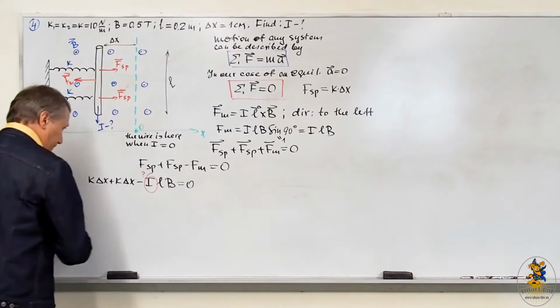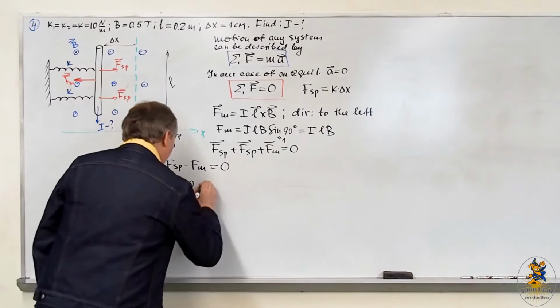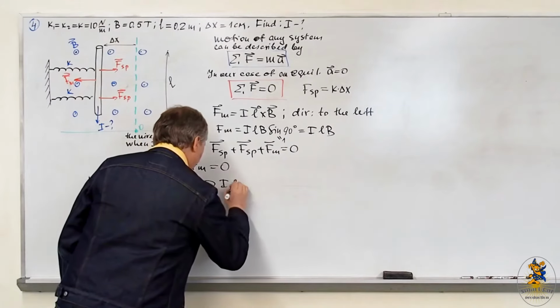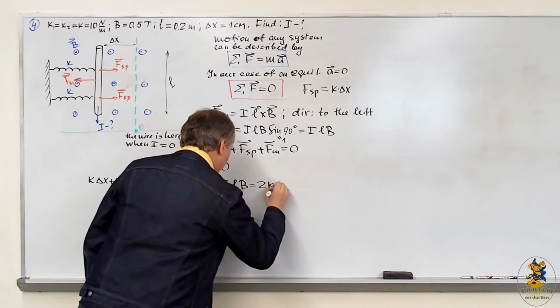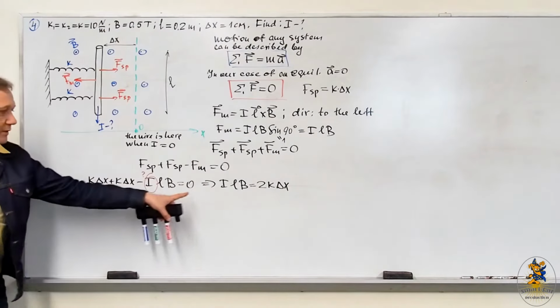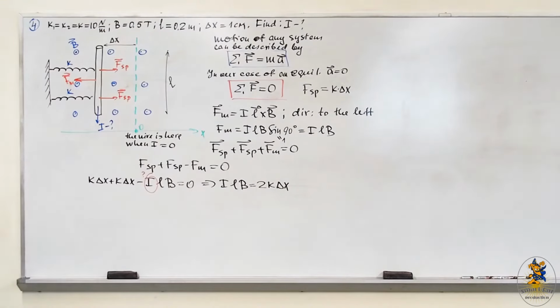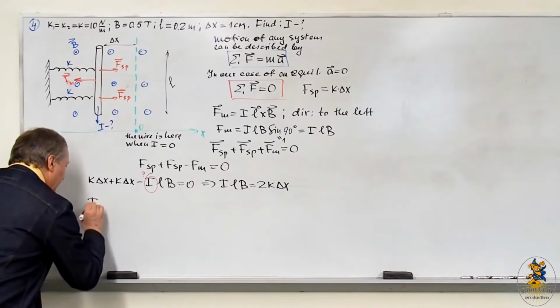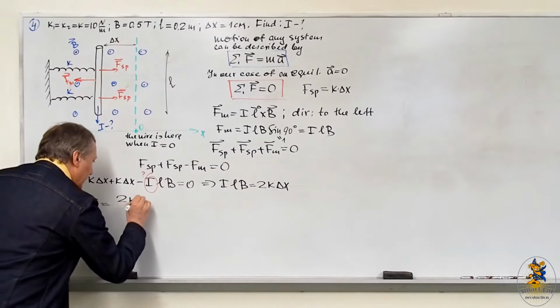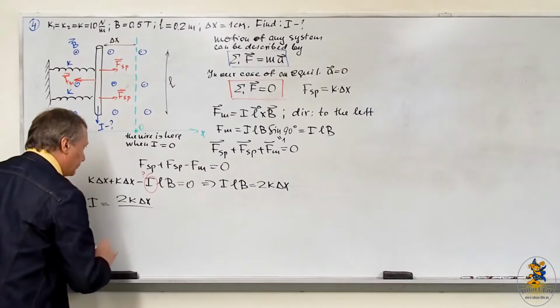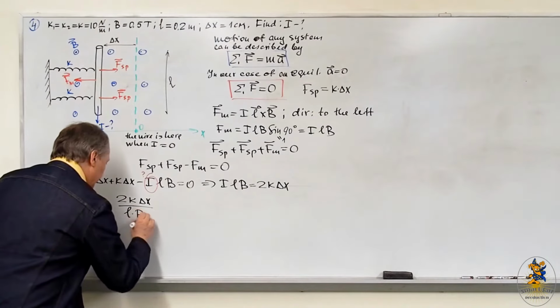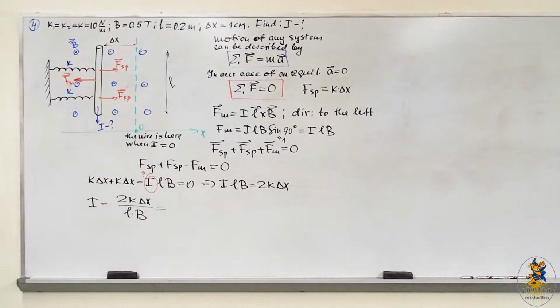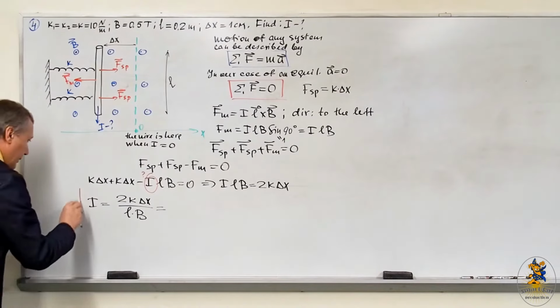Right, so from here, ILB equals to 2K delta X. I just move this term to the other side, minus turns into plus, and then added these two terms, 2K delta X. Right? Okay, so finally, current equals to 2K delta X divided by LB. So that's the algebraic expression.